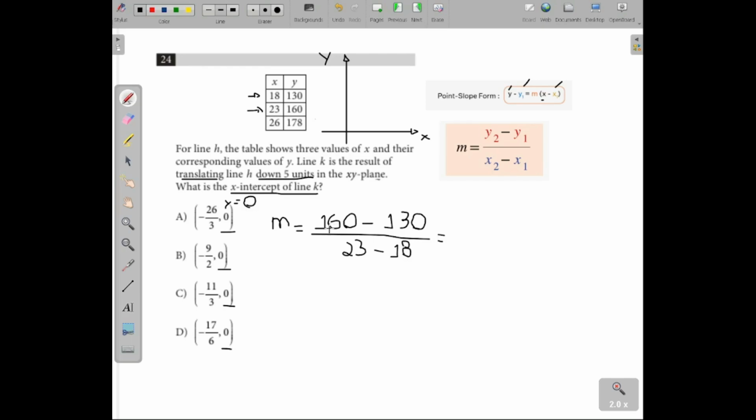Now 160 minus 130 is 30, divided by 23 minus 18, which is 5. Now 30 divided by 5 is equal to 6. So we know that the slope is equal to 6.